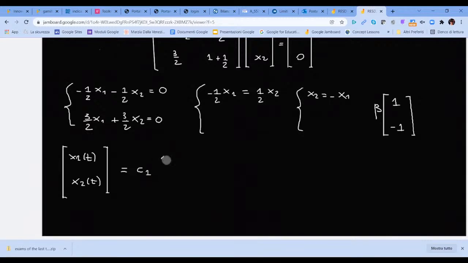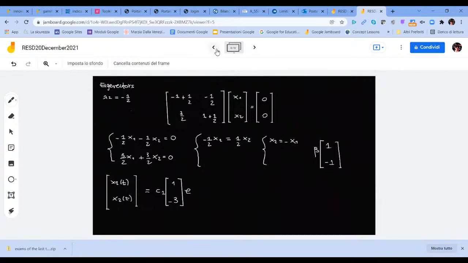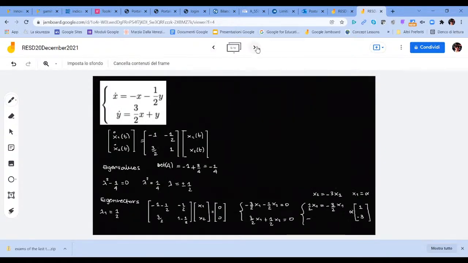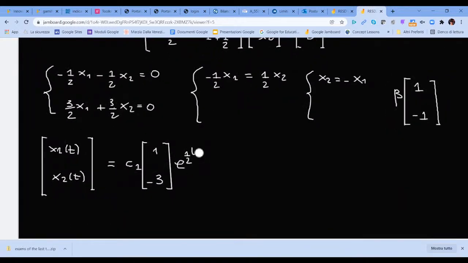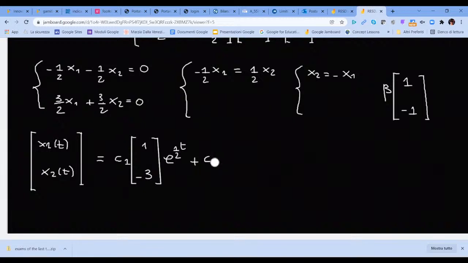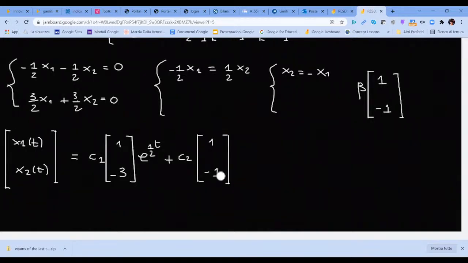So we have C1 (1, -3) times e^(1/2 t), plus C2 multiplied by the other eigenvector, that is (1, -1), multiplied by e^(-1/2 t).